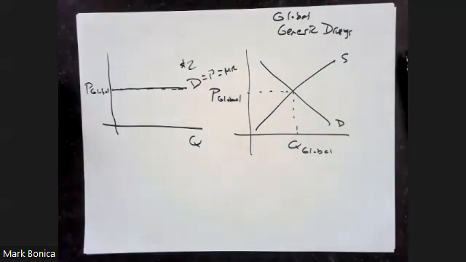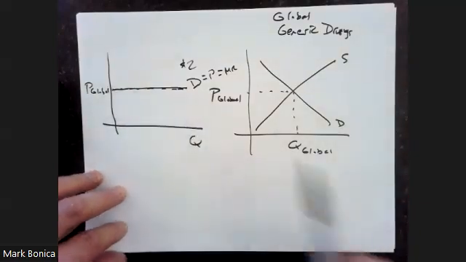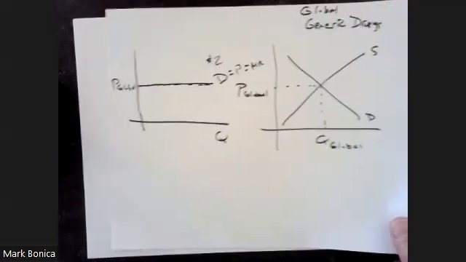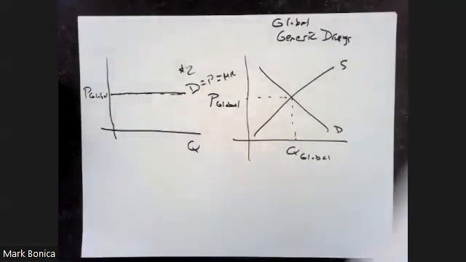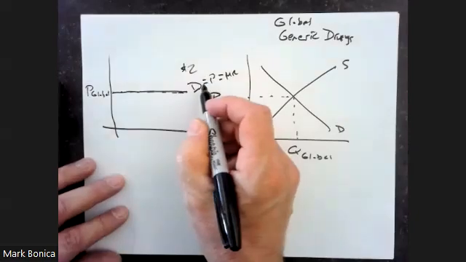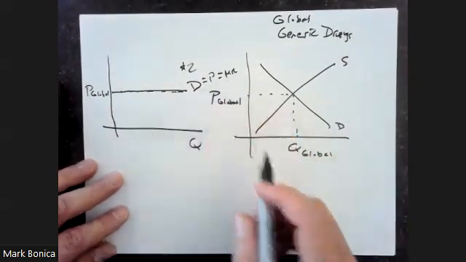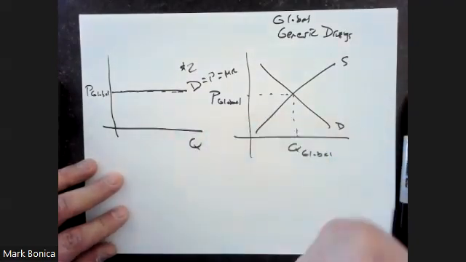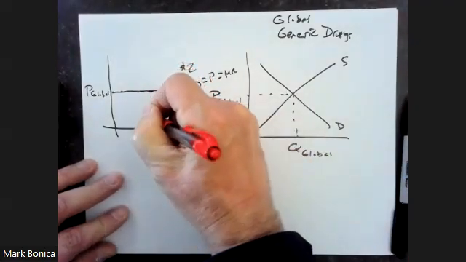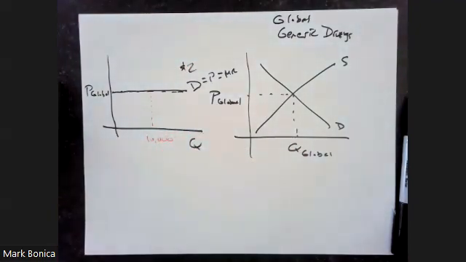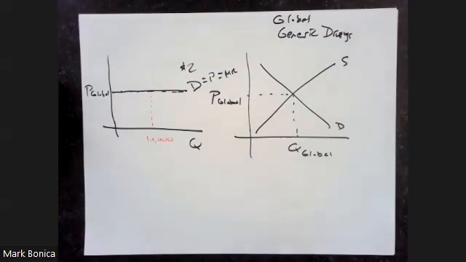So if we take this fact, that if we are in a perfectly competitive market where our demand equals price equals marginal revenue, and we produce a quantity of 10,000, what is our total revenue going to be?